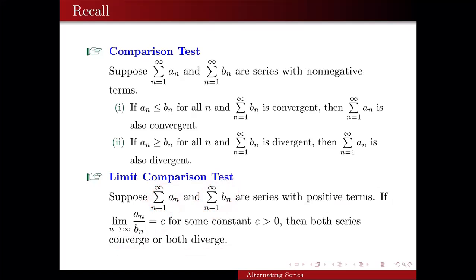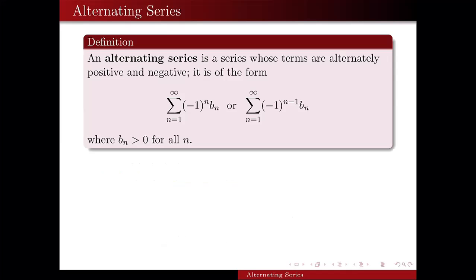Starting this session, we will consider also negative terms. Let us have the following type of series. Alternating series. This is a series whose terms are alternately positive and negative.